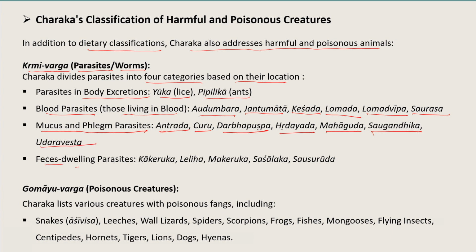Feces-dwelling parasites, and that is Kakeruka, Leliha, Mekaruka, Shashlaka and Sosuruda.